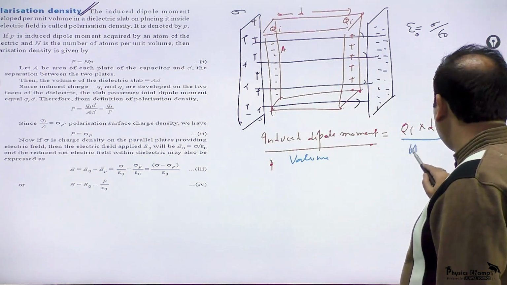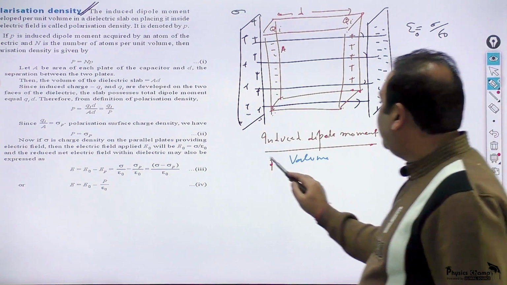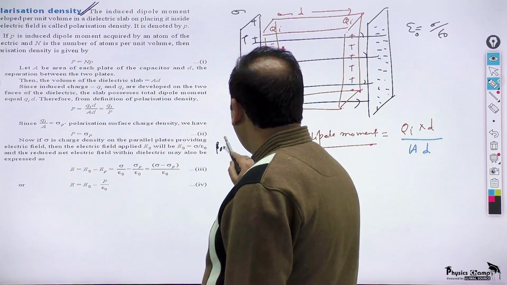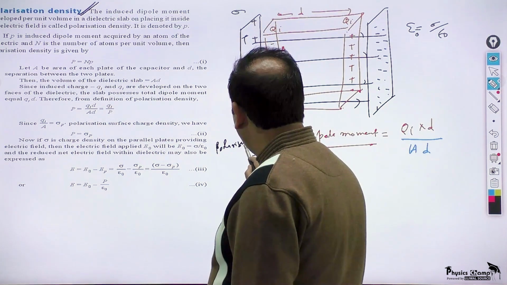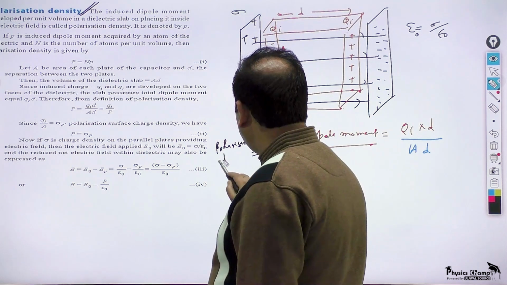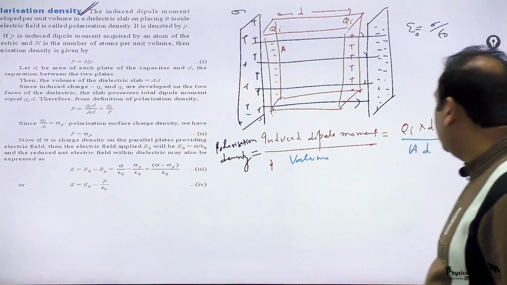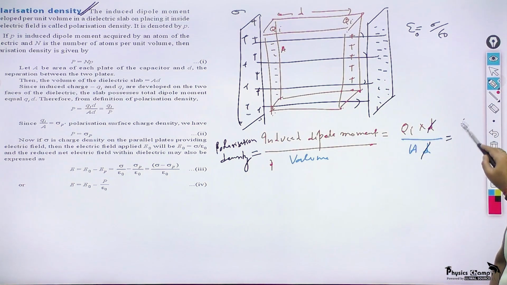Volume is A into D. Induced dipole moment per unit volume is called polarization density. And D gets cancelled, so it comes out to be Qi by A.